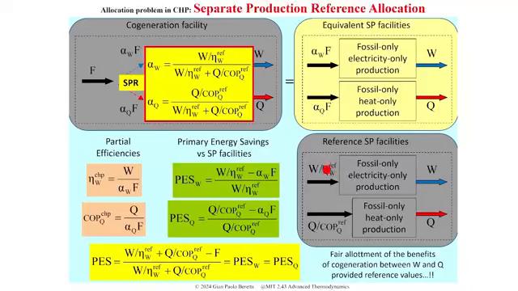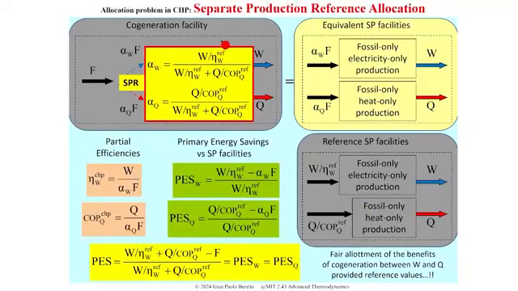Okay, so they define some reference values, and then they say, all right, use as allocation factors the weighted fraction of what you would have consumed by producing the same W and same Q in separate facilities.